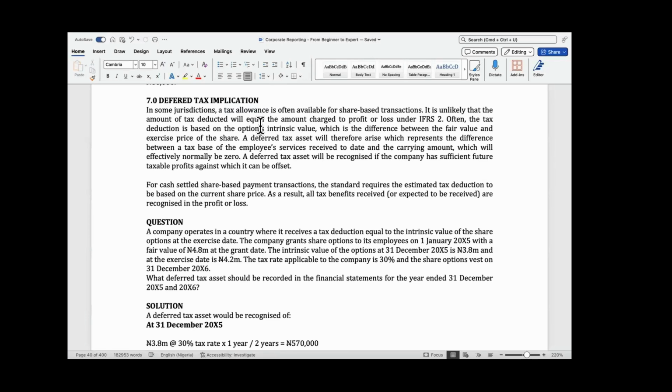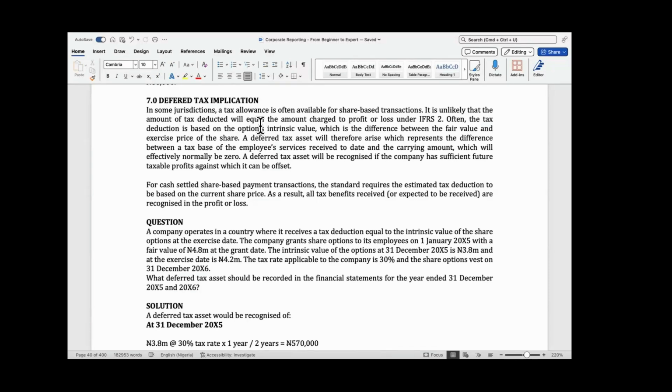That is what the taxman will allow as your expense. This would always be the intrinsic value, or whatever the examiner tells you as the value the taxman will reckon with.